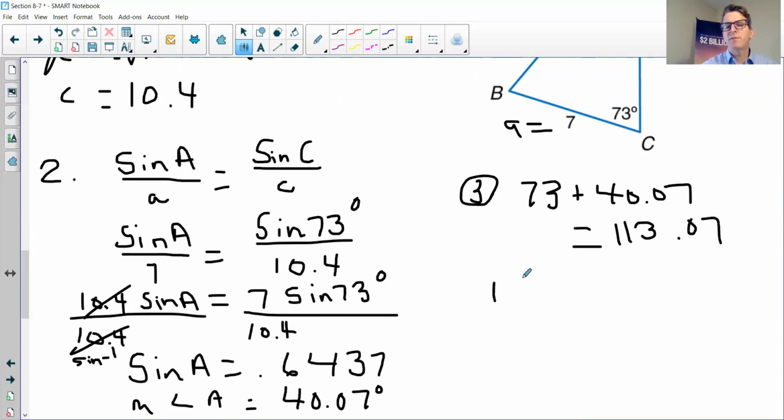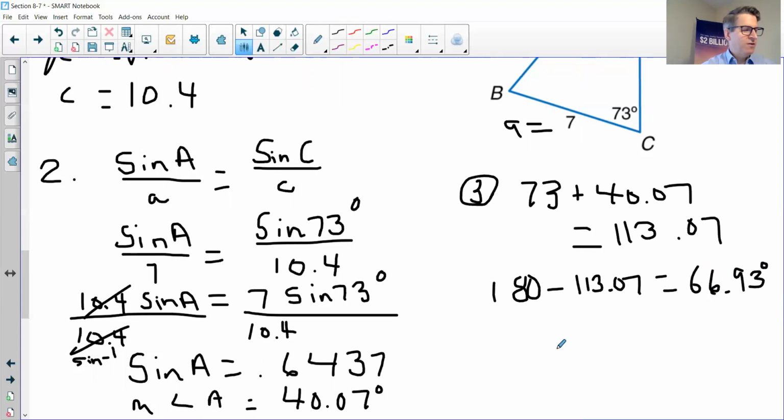If I subtract from 180 degrees, that is equal to 66.93. So the measure of angle B is 66.93 degrees.